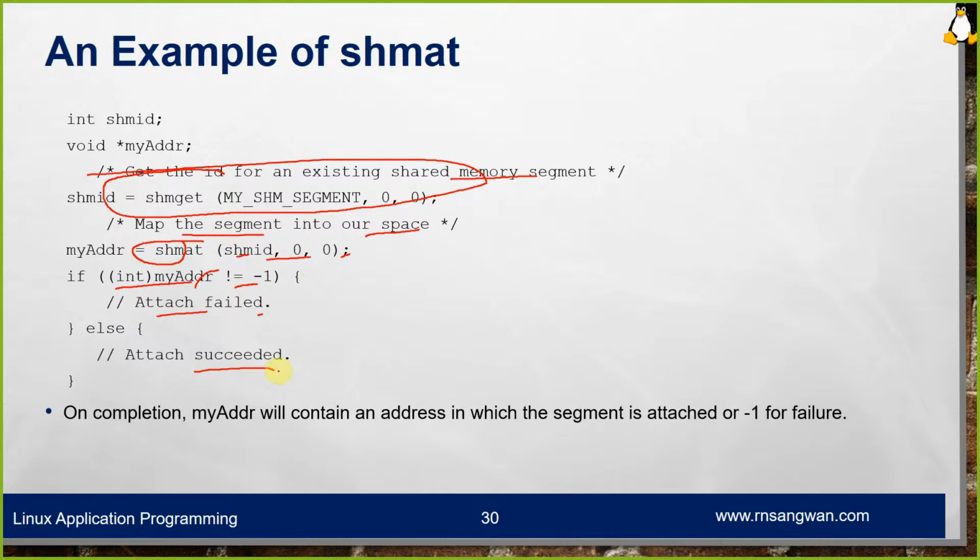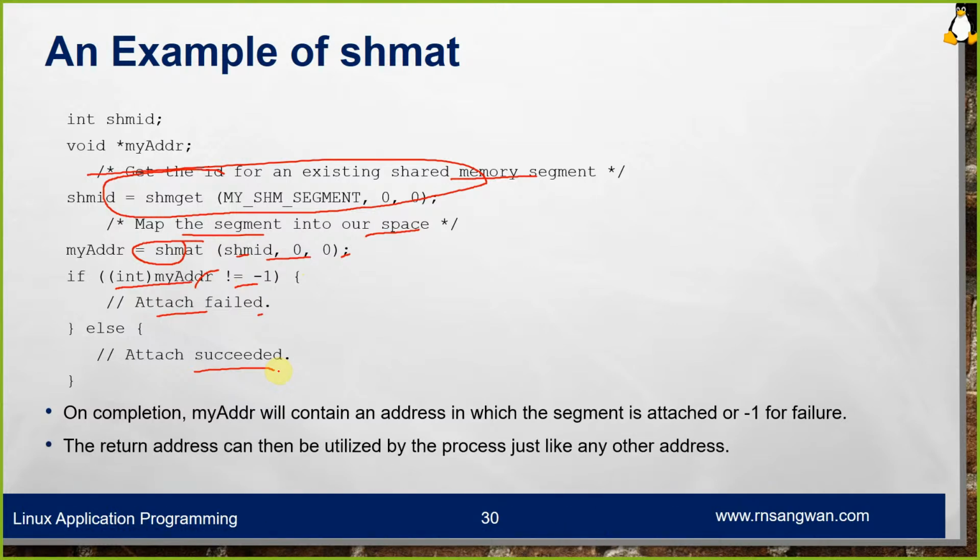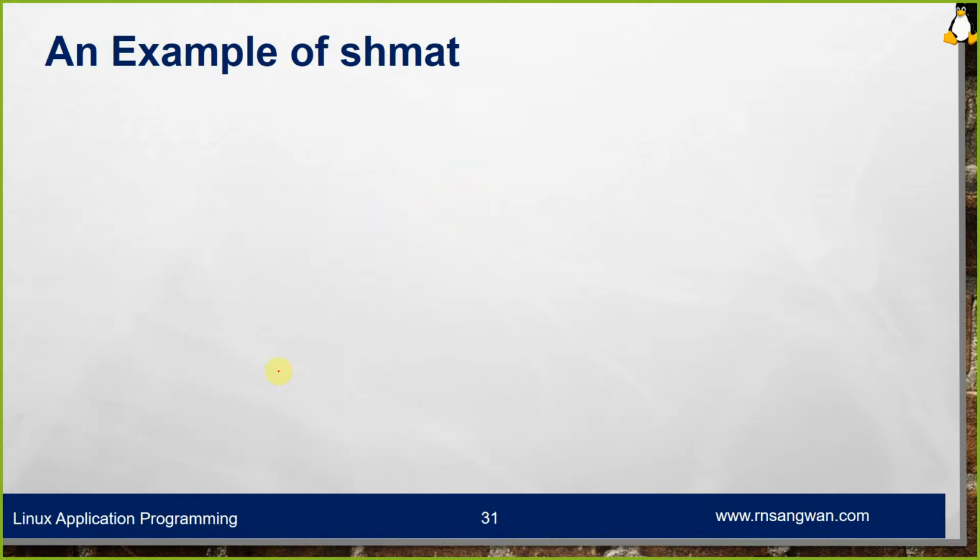On completion, my address will contain the address at which the segment is attached, or -1 if it failed. The return address can then be utilized by the process just like any other address. This is the example of shmat.